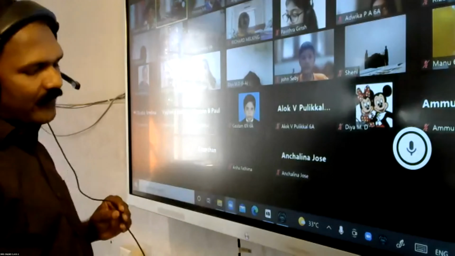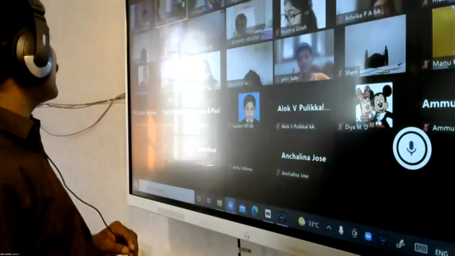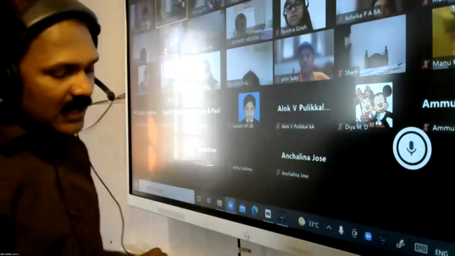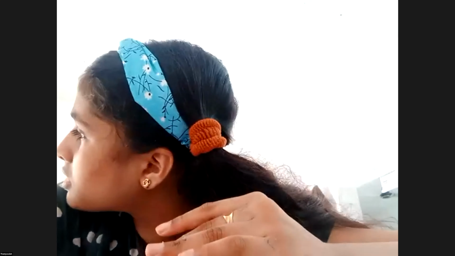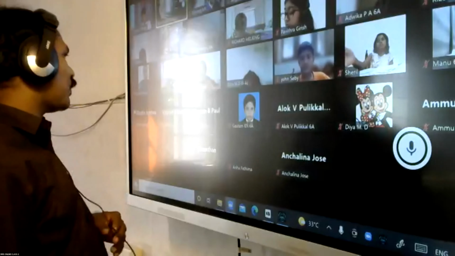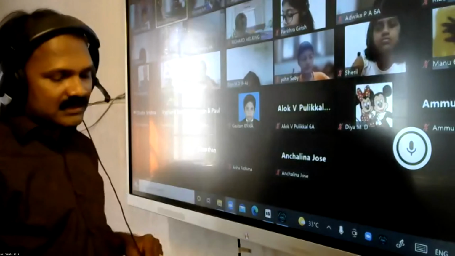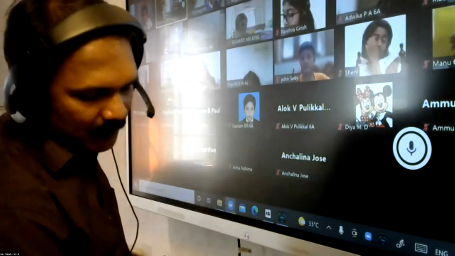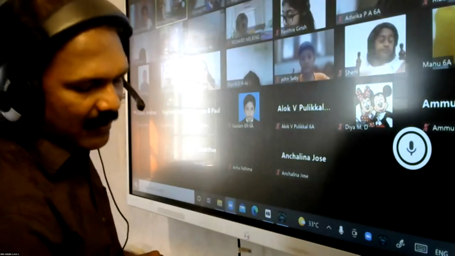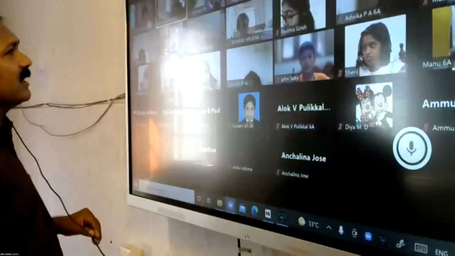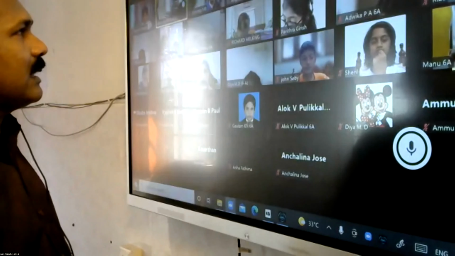Then the motion of a child on a swing is also another example. A branch of a tree moving to and fro is another example. So all these are various examples of periodic motion.